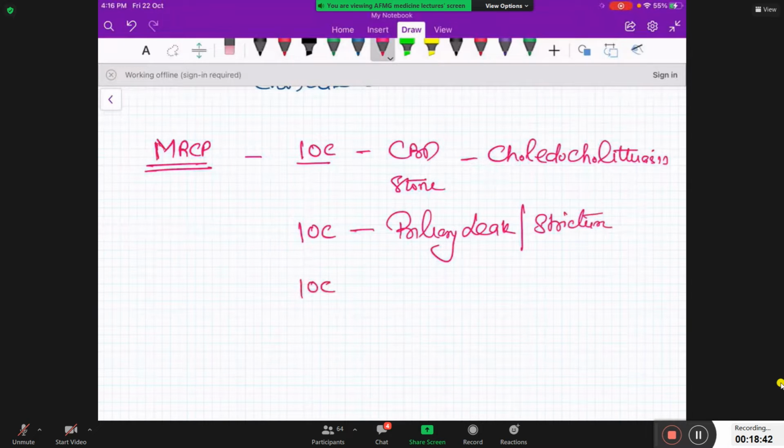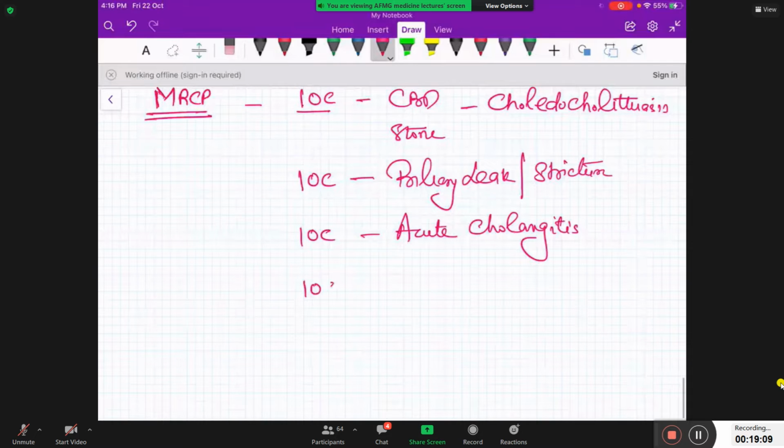It is also investigation of choice for acute cholangitis. What do you understand by acute cholecystitis? Inflammation of gallbladder. And what is cholangitis? Inflammation of the bile duct. It is also investigation of choice for choledochal cyst.